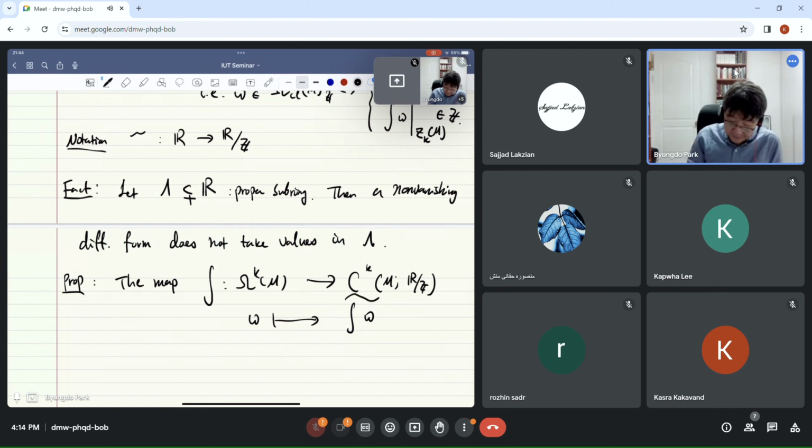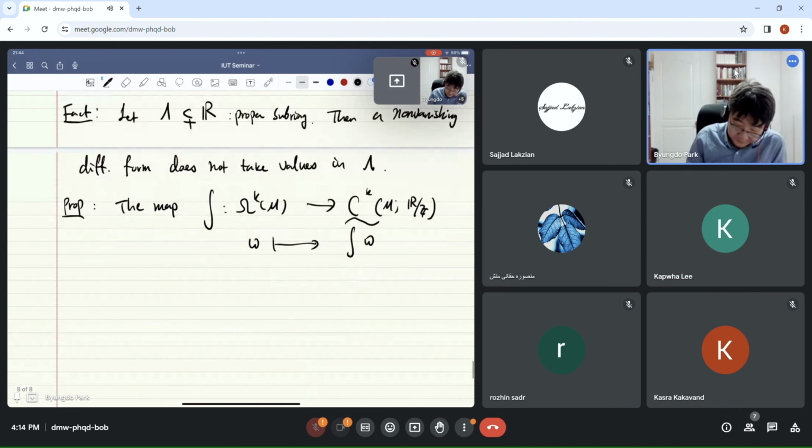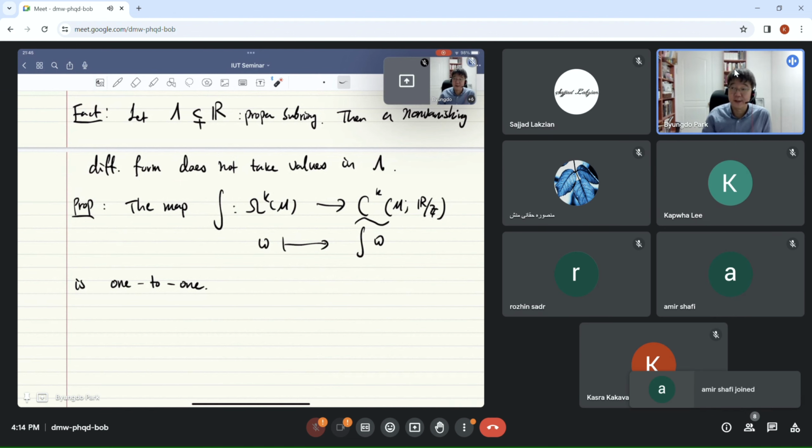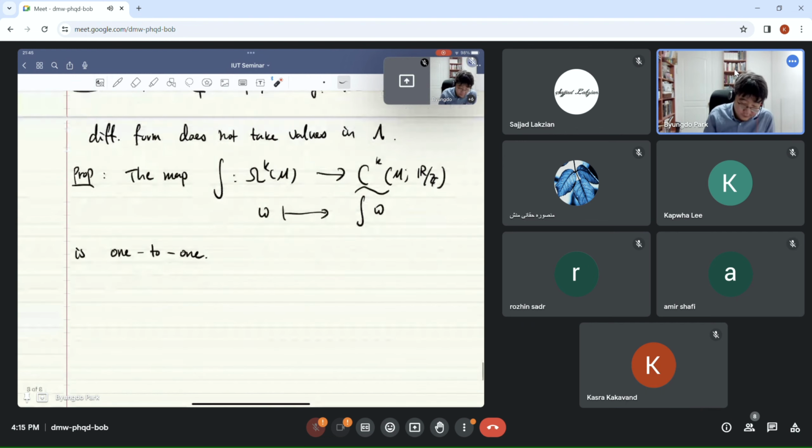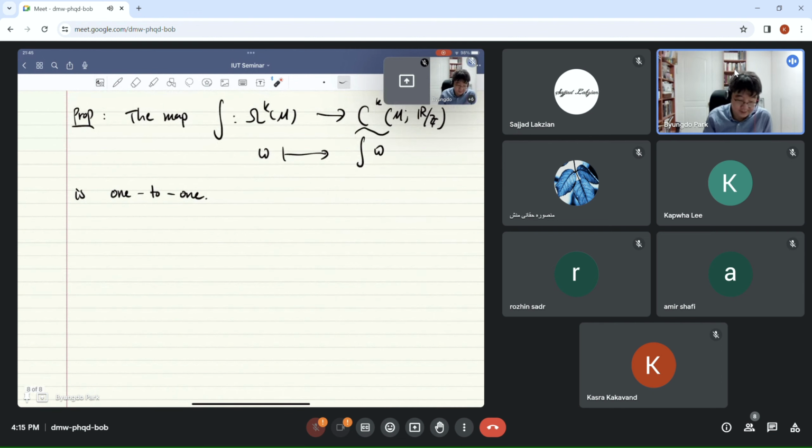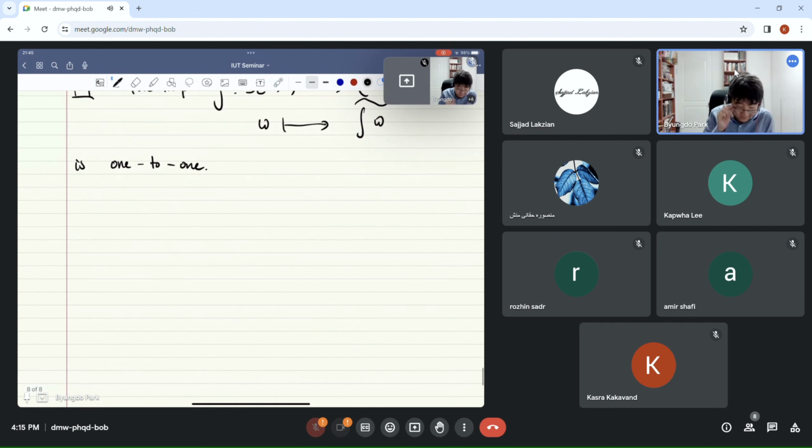And then you mod out by integers. Then this map is one-to-one. This proof is not difficult. You just need to think about this using this fact. So these are some preps, like setting up some notations for the main thing.